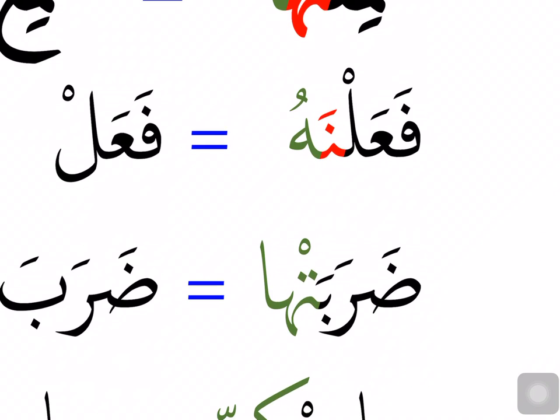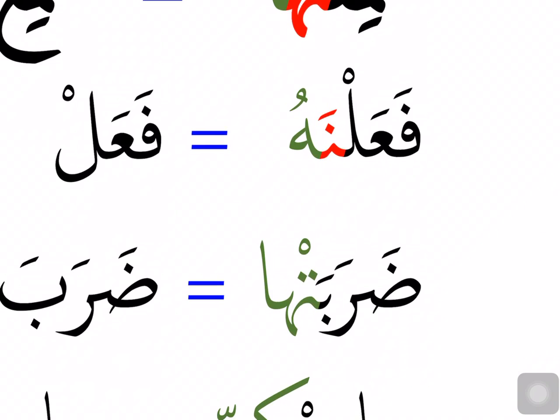We might think that the maf'ul bihi pronoun is the one doing the action, so you know hu means his, like he, right? So you could accidentally think fa'alnahu is he did. But no, it's actually fa'alna. The noon is the doer pronoun.